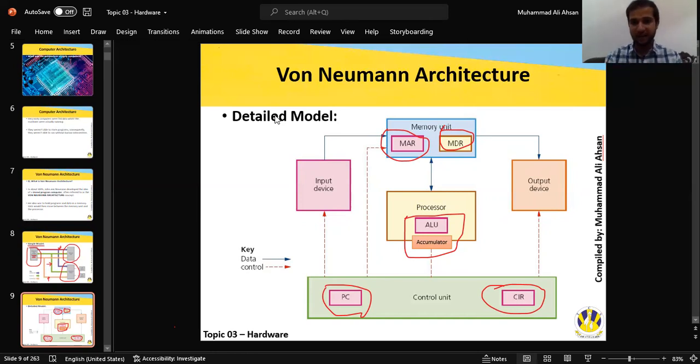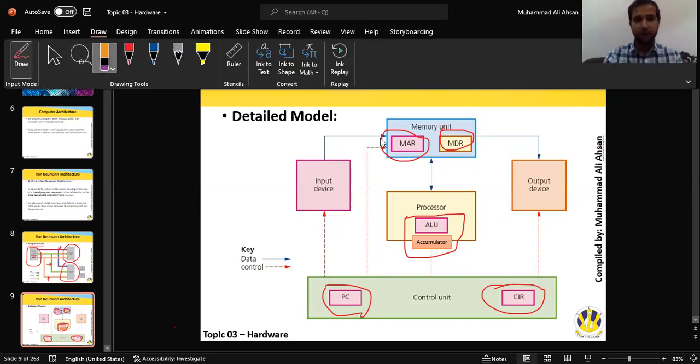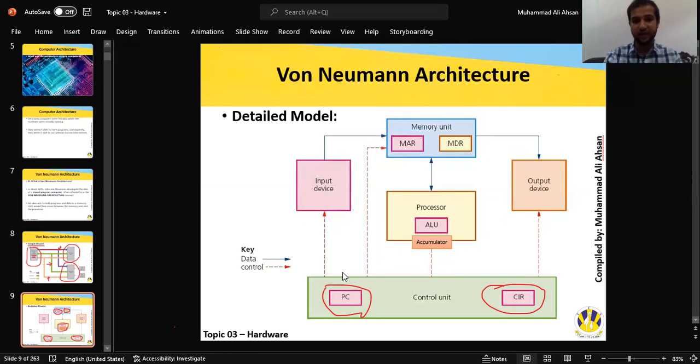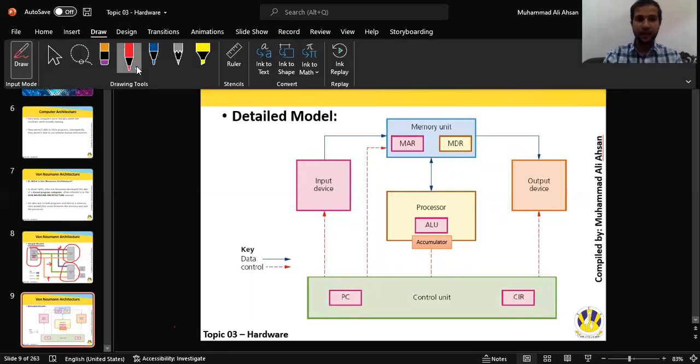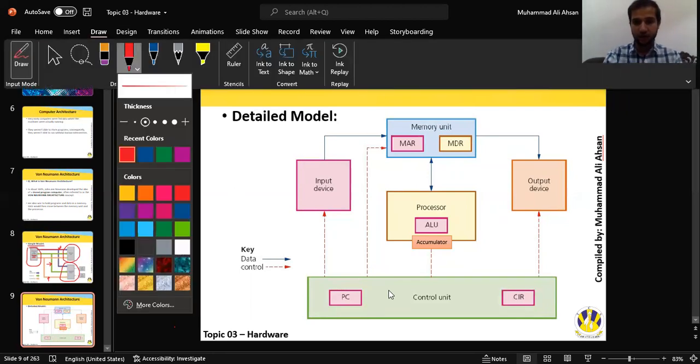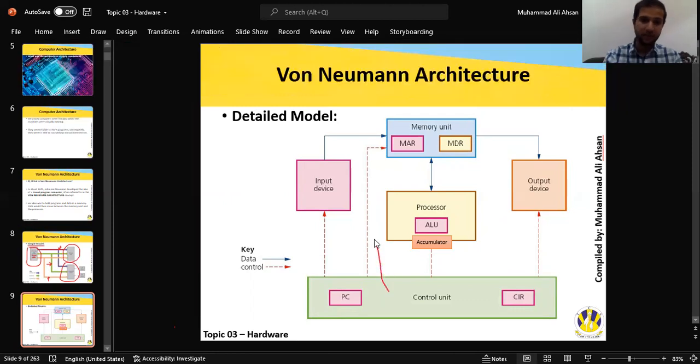In order to understand this, I'm going to give you an example. The purpose of having these sub blocks inside these units is, let's say the control unit wants to share some data with the memory unit.